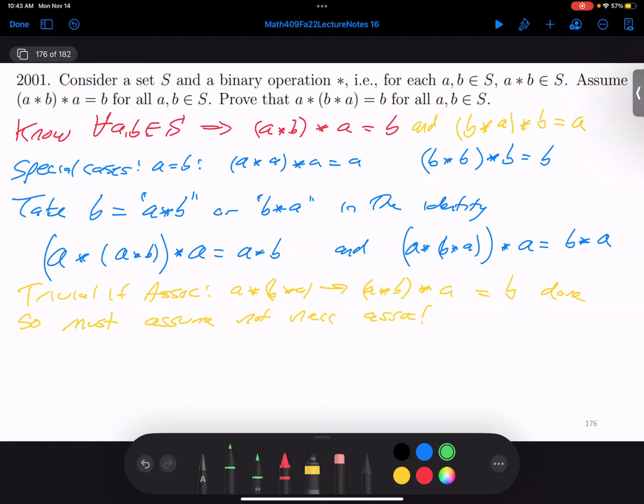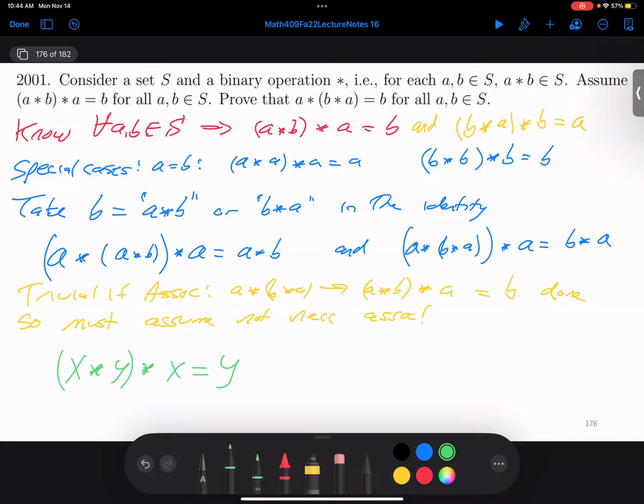Our relationship is X star Y star X equals Y. So if we wanted to, maybe this whole thing here is X, and that's Y, and then we could start with X again.